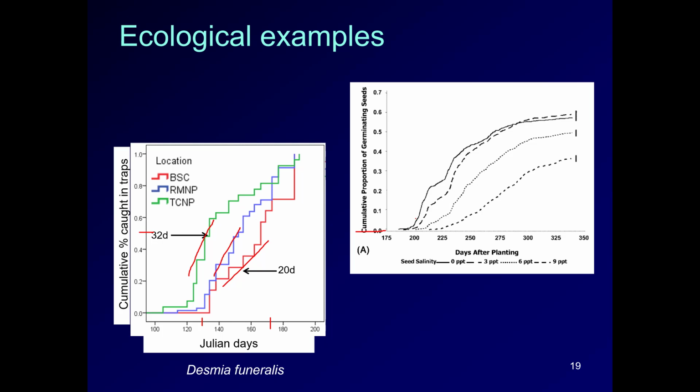And again, back to that intuitive nature of these figures, you can just kind of see the slower accumulation in the high salinity treatment and the very rapid accumulation in the 2 lowest salinity treatments. Basically the interpretation is seeds germinated a lot higher in low salinity and germinated a lot slower in high salinity. So interpretation is really quite straightforward.